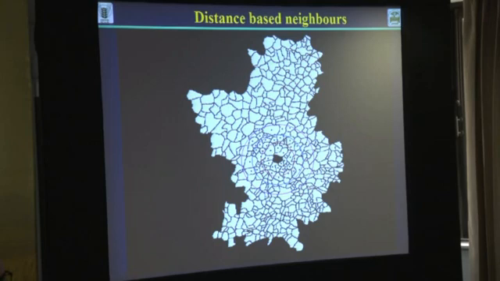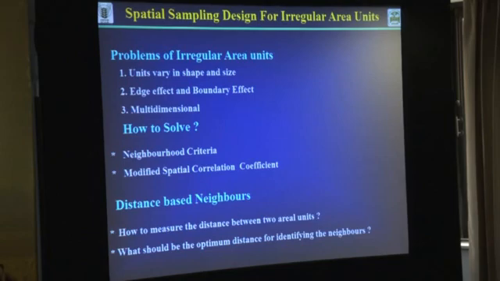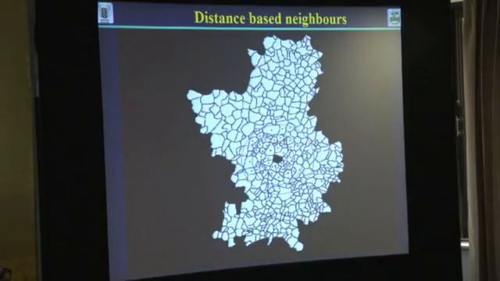So we have to adjust for some optimum distance. Here we have taken the distance for which the spatial correlation is maximum according to the data, at 20. So this is the radius of the circle which we have taken, 20 units for the first lag spatial correlation, and then for the second lag 40, and then for the third lag 60.